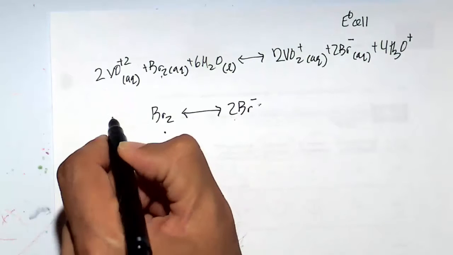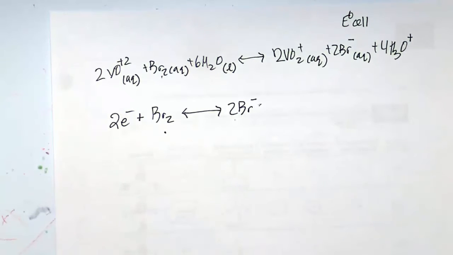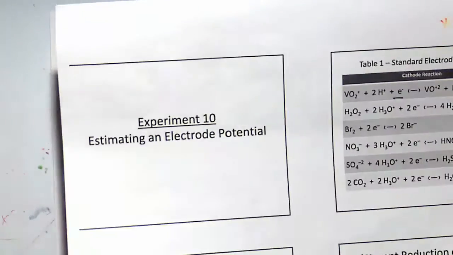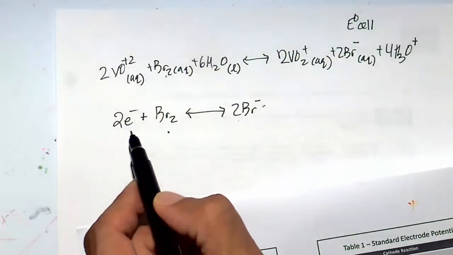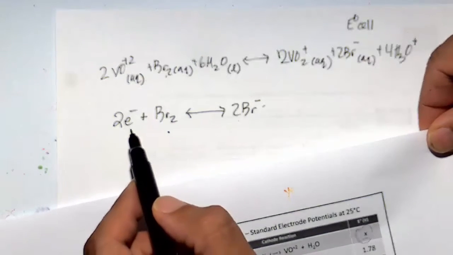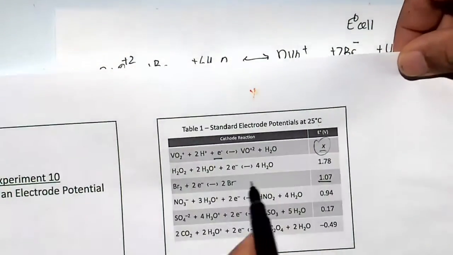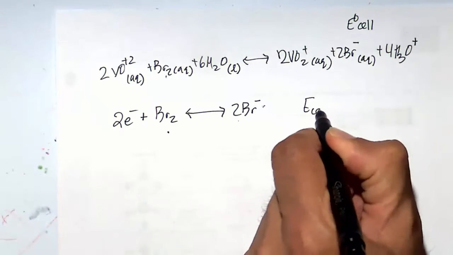This is minus 2, so I'll balance it out with 2 electrons there. This is a reduction reaction, gain electrons, reduction. So it gained 2 electrons. Cathode is where reduction happens. And looking at our lab, this is 1.07 volts. So this is the cathode.